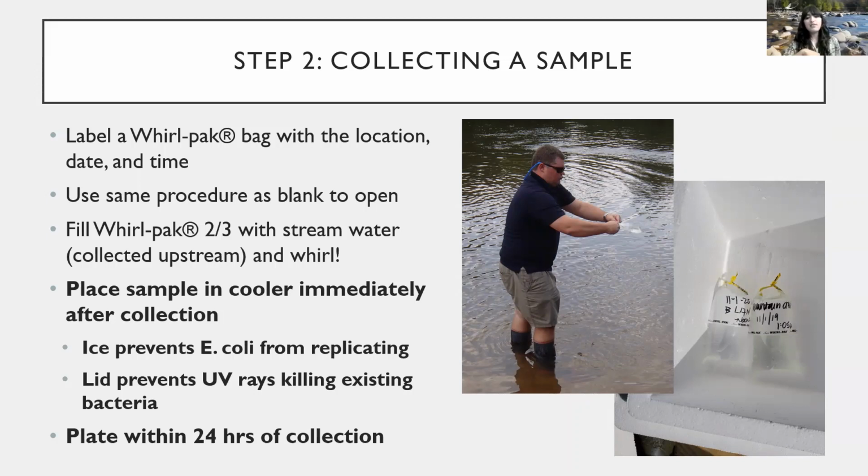You're going to use the same procedure as you did with the blank to open up the bag with the gloves, making sure you don't get anything on the inside of the bag, trying to just avoid any cross-contamination. And you're going to fill your Whirlpack up again about 2/3 of the way with your stream water.